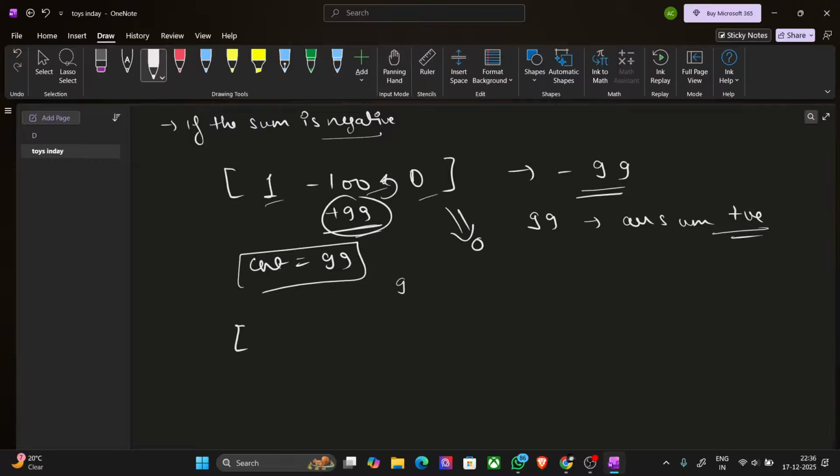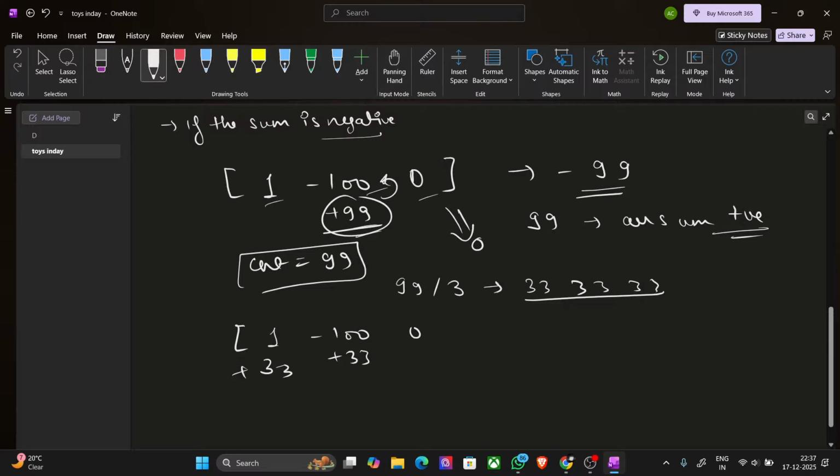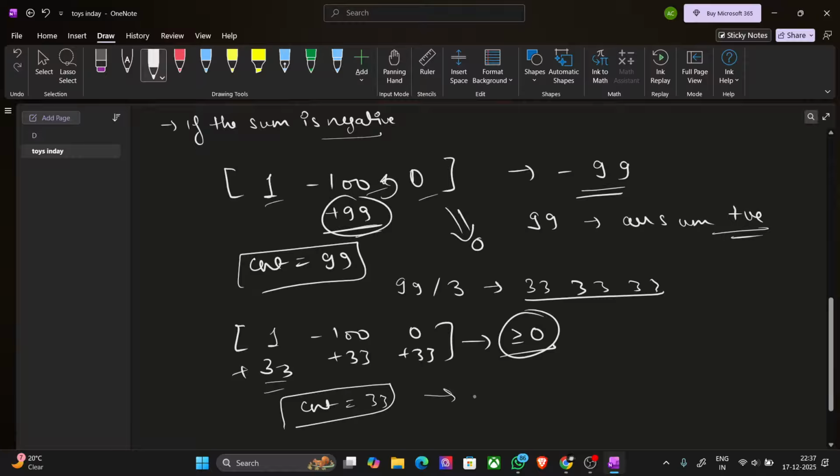So my 99 will be divided into 3 parts, which is 33, 33 and 33. Now when I add these 33s to each of the elements, my sum is still non-negative, but my total number of operations is now 33, which is feasible and which is the right answer for this problem.